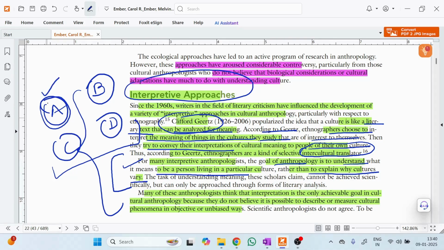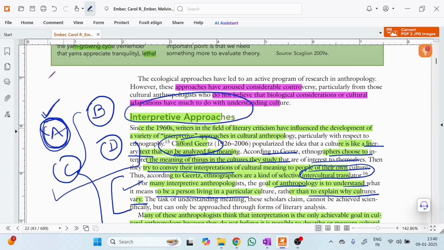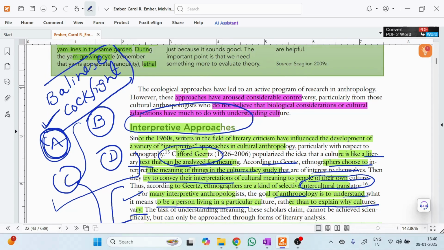Let's say A has been chosen, and then they will study this culture and interpret various mechanisms, such as you might have heard about the Clifford Geertz interpretation of the Balinese cockfight. It is a form of status symbol, or maybe a mechanism of resolving disputes.